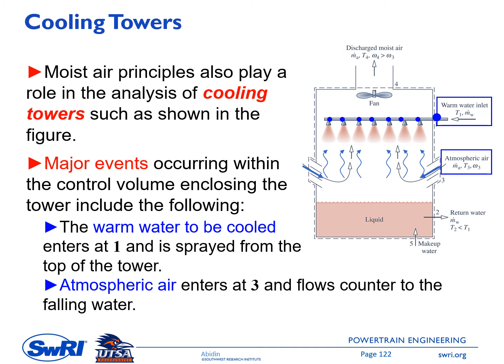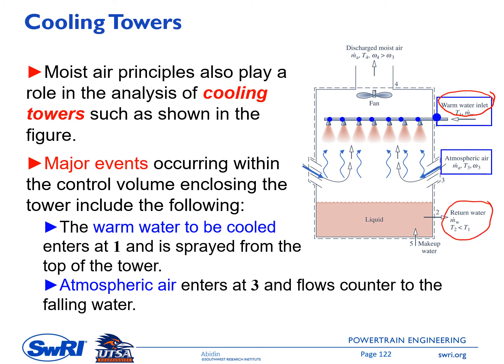In this case, it is represented by the incoming warm water inlet here. So this is the fluid that will need to be cooled, meaning the temperature needs to be reduced from T1 to T2.